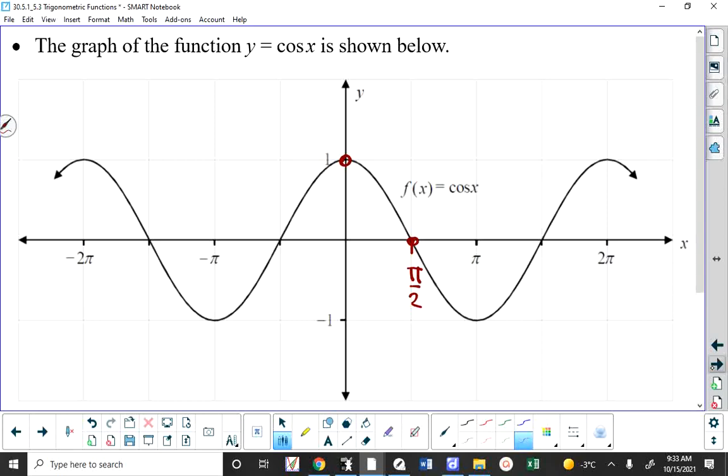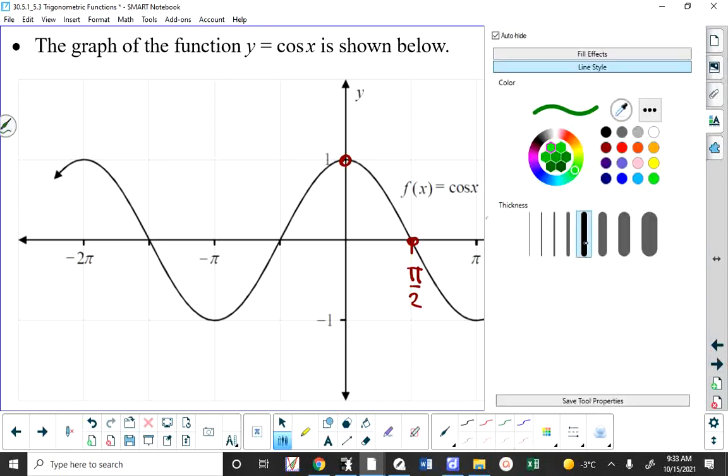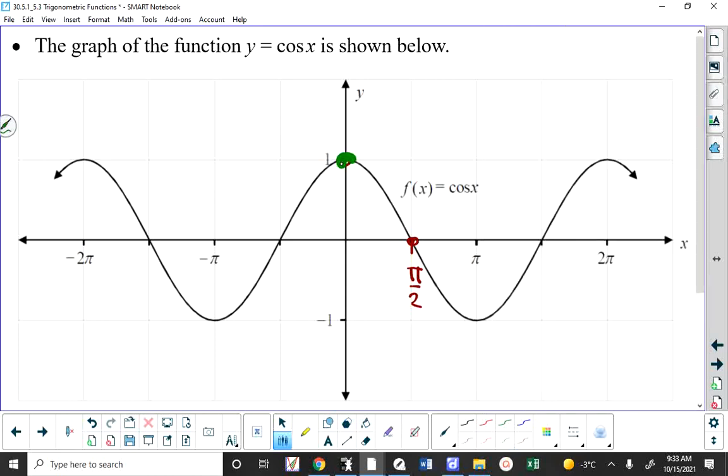Go back to 2 pi, or back to the beginning, and you're back to 1. There's still, everybody, 4 pieces here: 1, 2, 3, 4. That shape that I've highlighted is still one complete cycle.